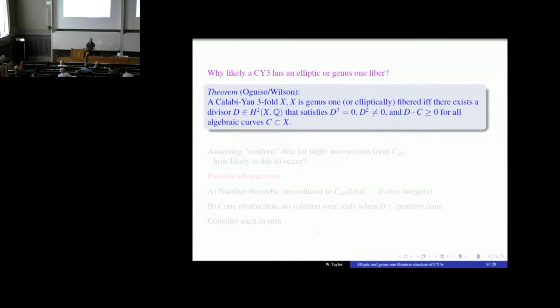If D^2 equals 0, it means that the canonical class of the fiber is itself 0. And D·C greater than or equal to 0 for all algebraic curves C, so basically it's got to be in the right cone.